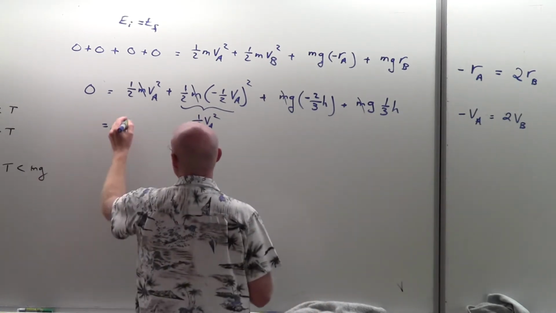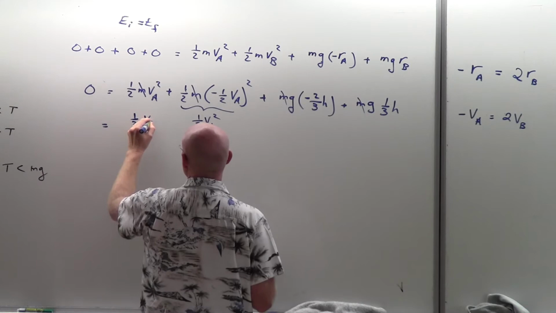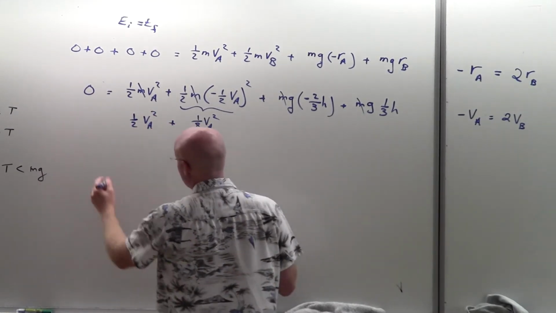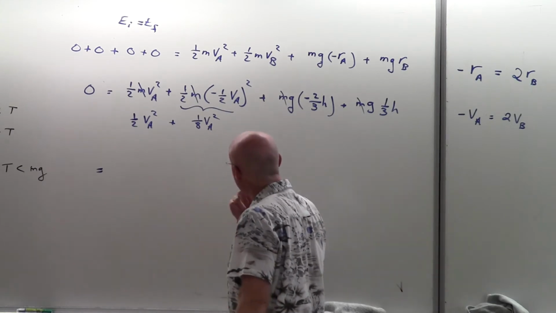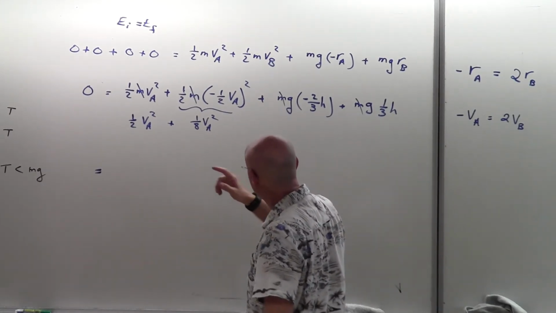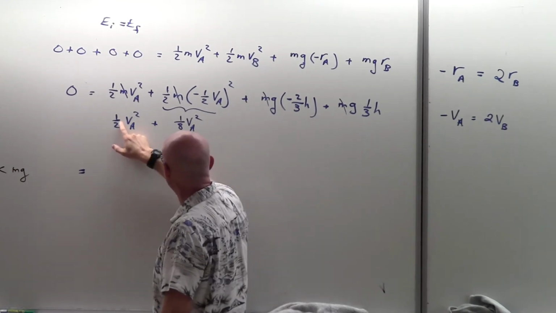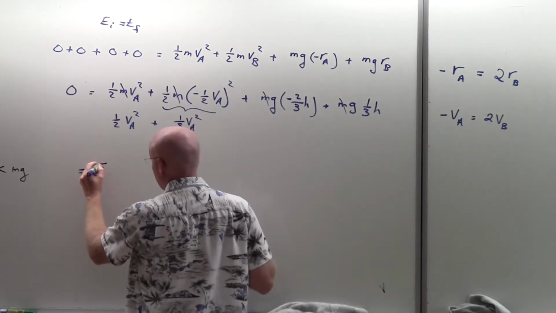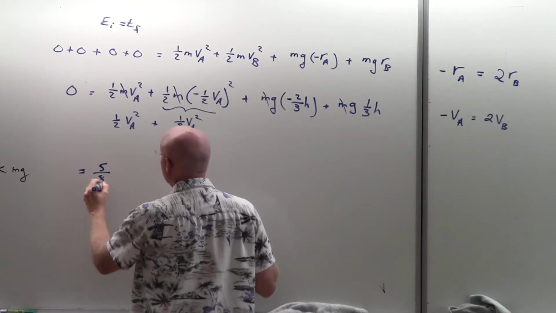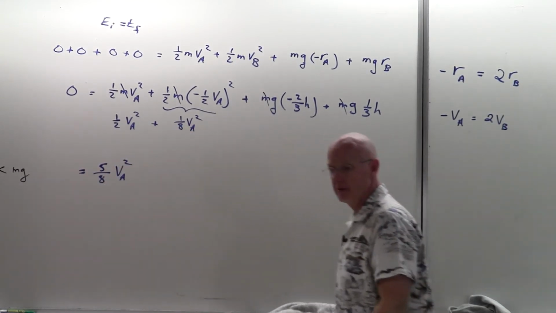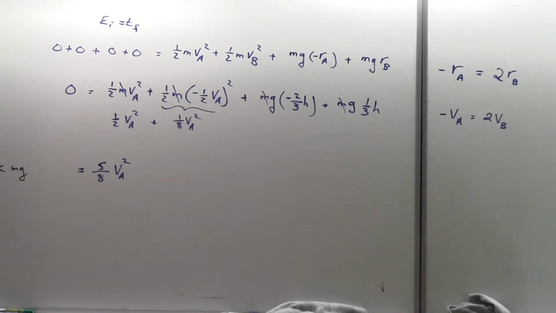And this one over here is a 1/2 VA squared. Let me just get a common denominator of 8. So that's a 5/8, a half, which is 4/8, and another 8. And so that is 5/8 final speed squared.